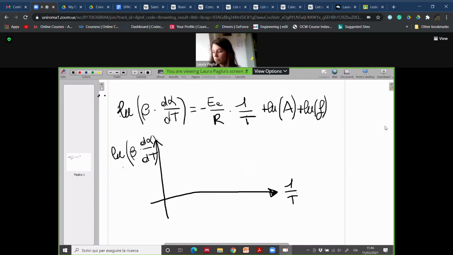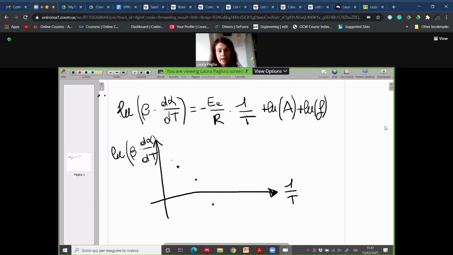So I have points, and I can have different points also for different values of the heating rate.